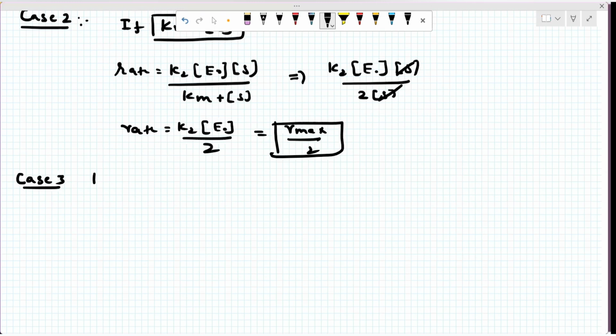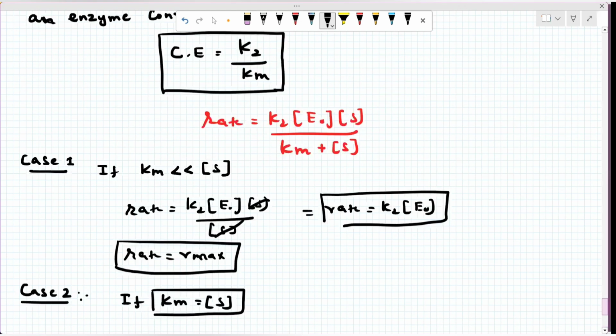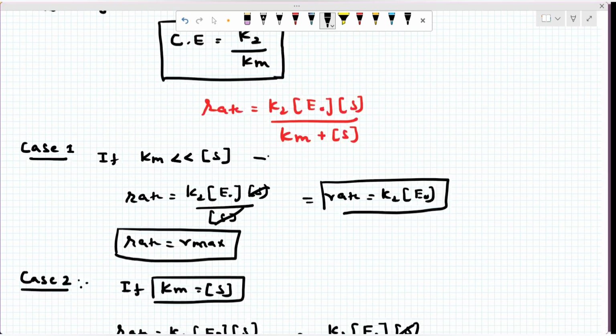Case 3, that is Km very greater than substrate. Sorry, very greater than substrate. Very simple. It means substrate low concentration. This low concentration. Meaning substrate high, this high concentration.